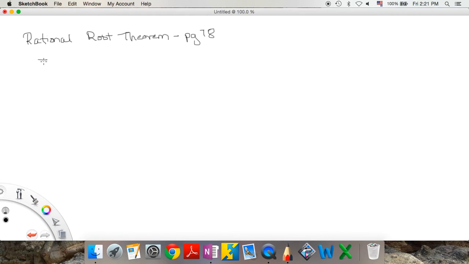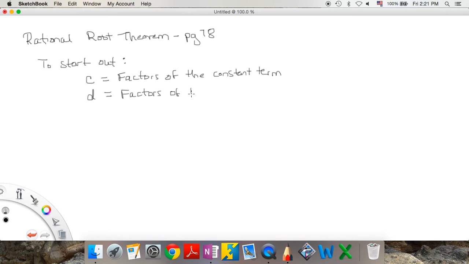So to start out, you're going to come up with some numbers. We'll call this one C, which is the factors of the constant term, and D, which is the factors of the leading coefficient.